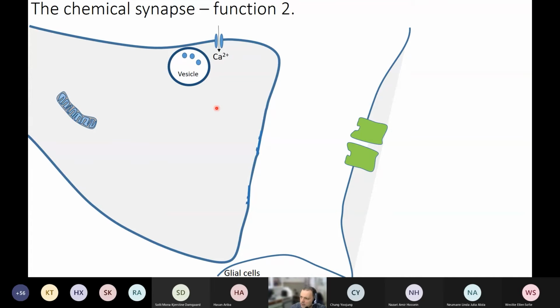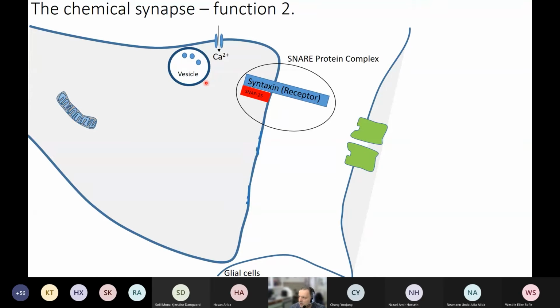chemical synapse's detailed function. So once again, the action potential arrives, opens calcium channels, and the vesicle will be released from this synapsin connection. Now, the calcium has also different effects. One thing you have to know to understand this is that in the presynaptic membrane density, we have the so-called syntaxin and SNAP25 proteins, and they are called together the SNARE protein complex.